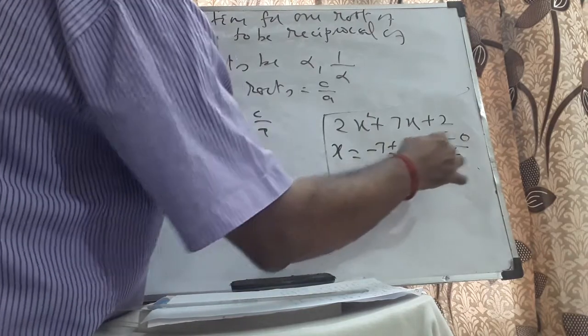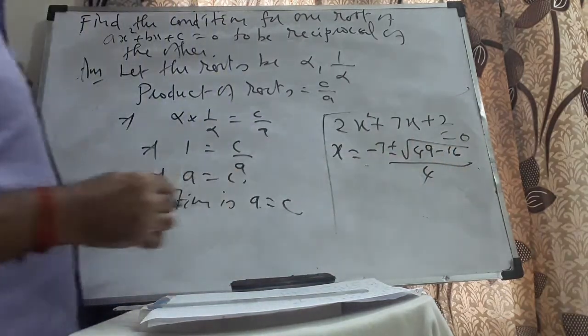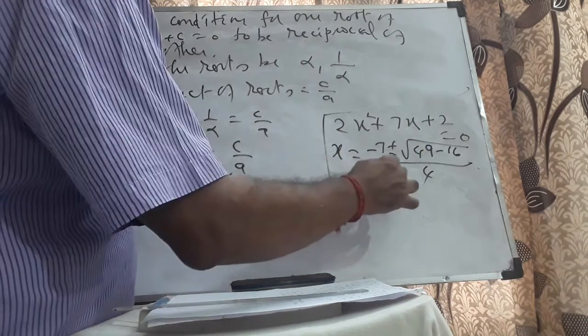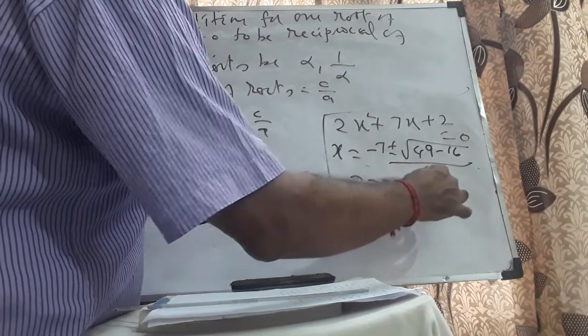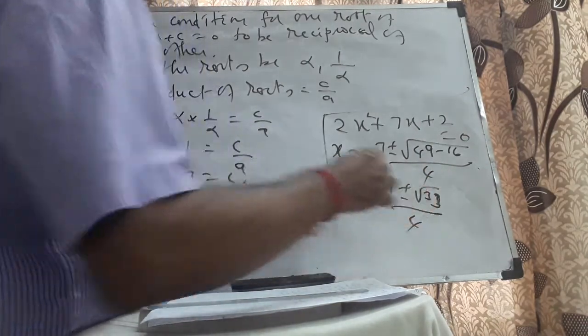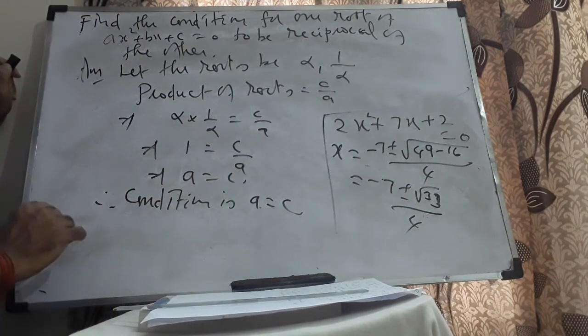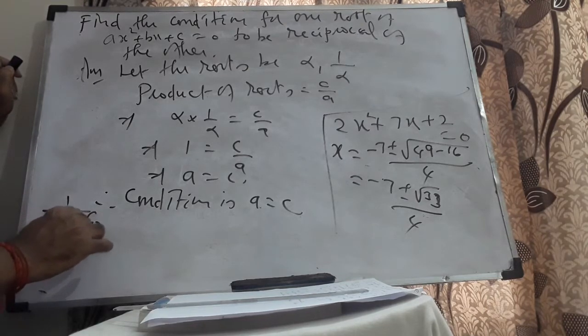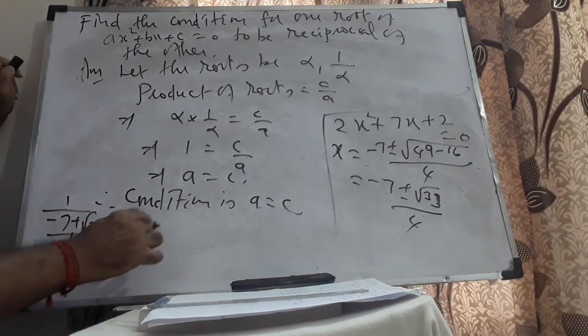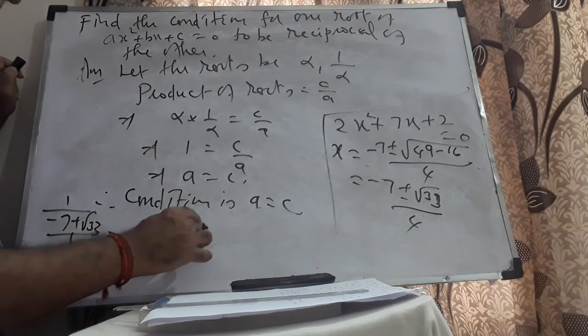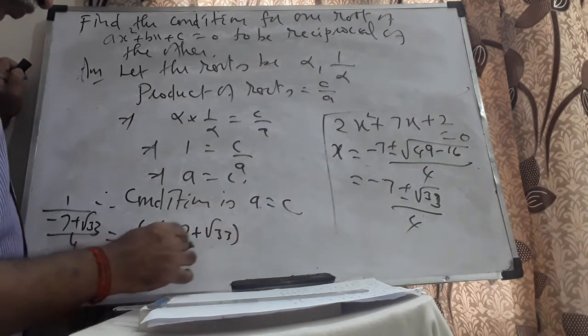By 4. Okay, minus 7 plus or minus root 33 by 4. Then you might think 1 by (minus 7 plus root 33 by 4), which is 4 into minus 7 plus root 33.